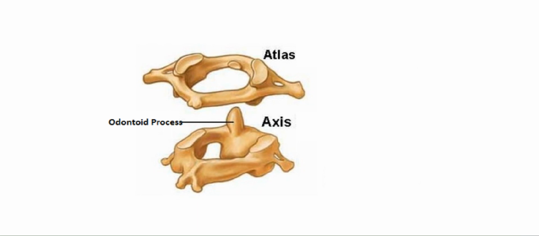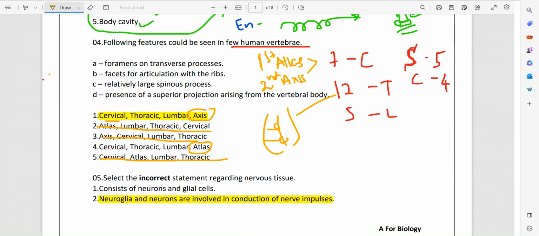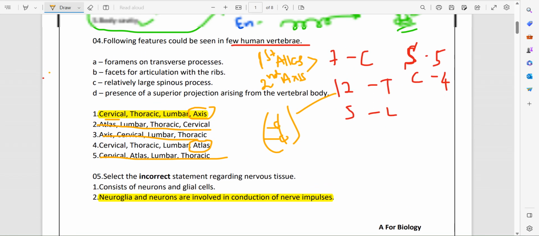That's the major difference between them, and both of them are cervical vertebrae. Atlas is the first one, axis is the second one. Those are also some important points. Okay, I think you got a clear understanding about that.